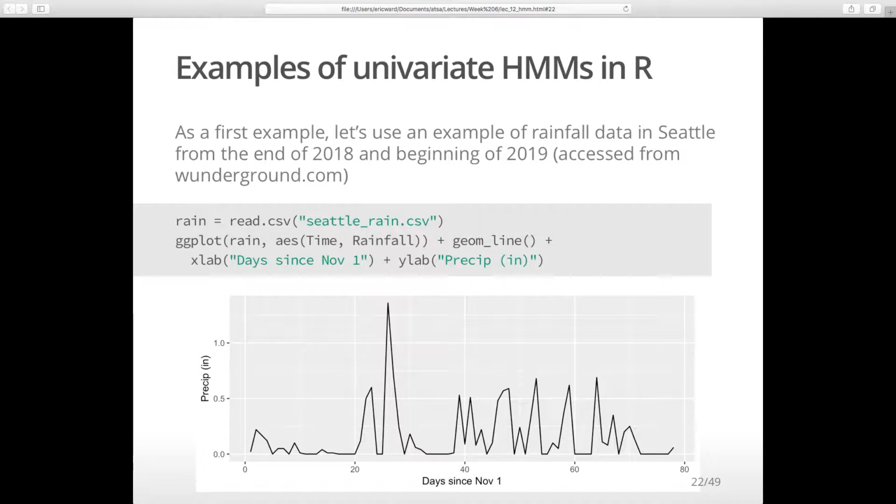So I accessed this data from Weather Underground, and it's stored in a CSV file within the GitHub repo. And this is just a plot of what the time series looks like. This is daily rainfall data going back to November 1st, which I've indexed with day 1. And then we have precipitation measured daily, in inches, for about the next 3 months.